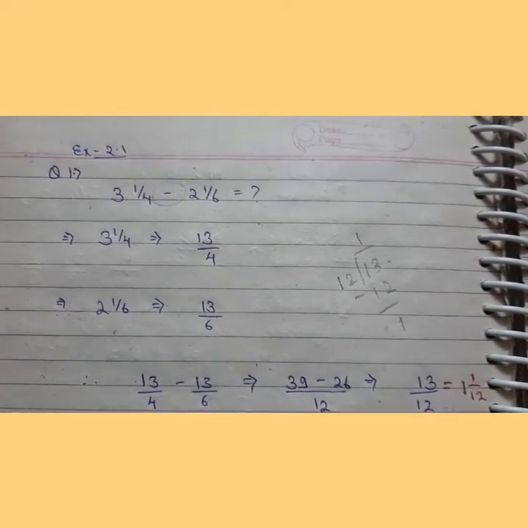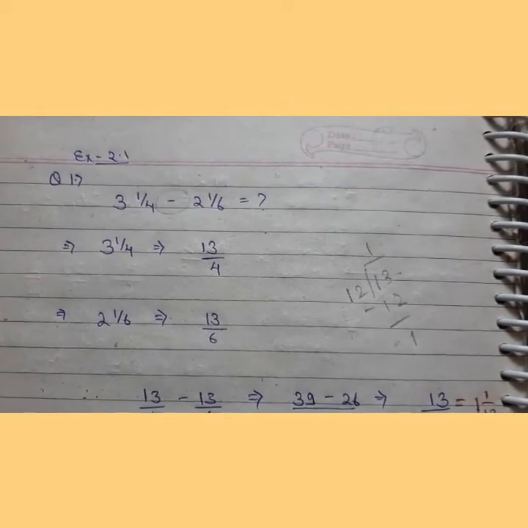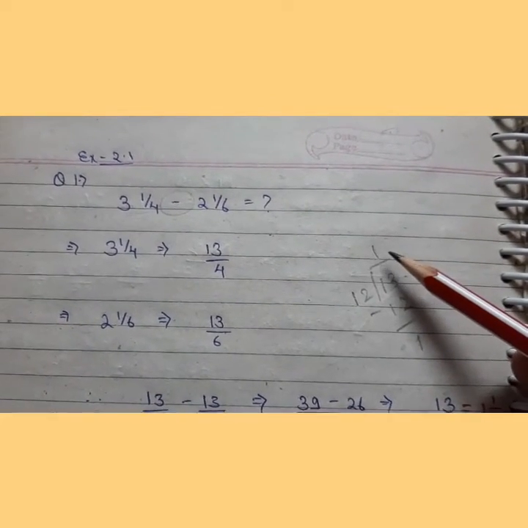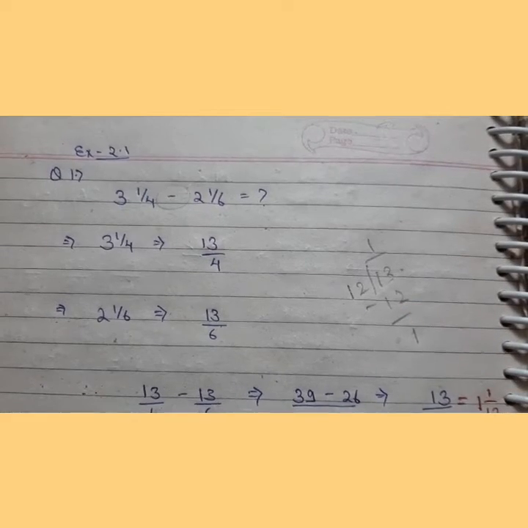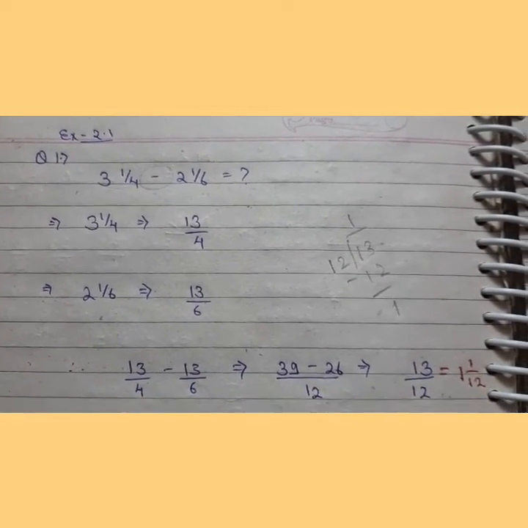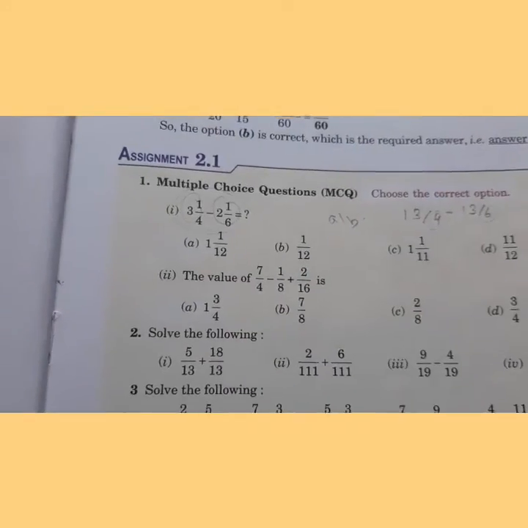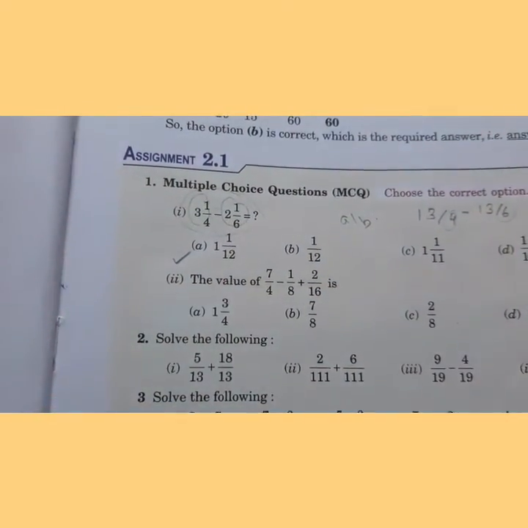Quotient is 1. Remainder is 1. And divisor is 12. So it will go like 1 whole number 1 upon 12. Write it like this. 1 whole number 1 upon 12. That means your option number A. This will be your answer.